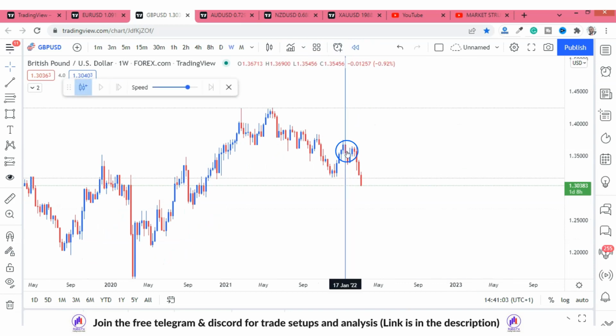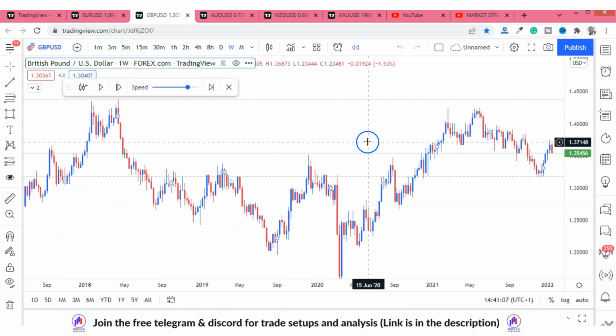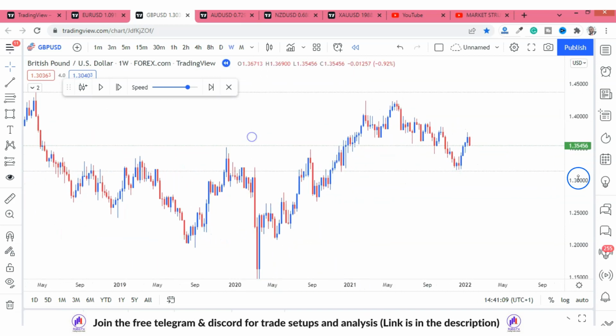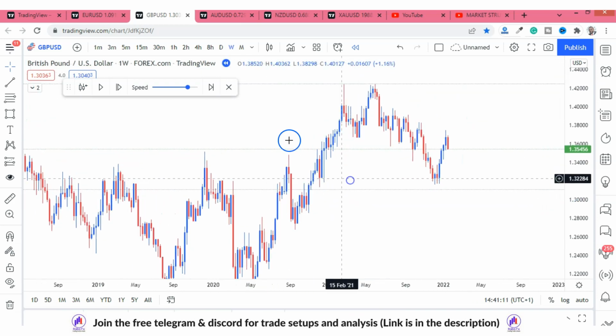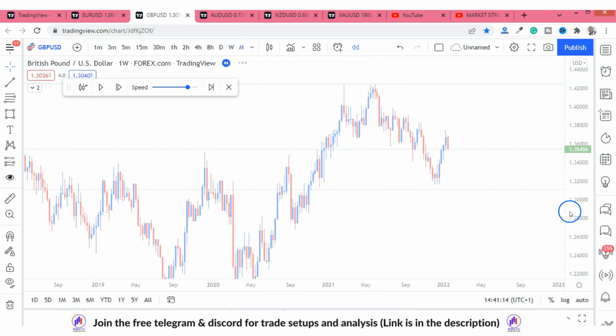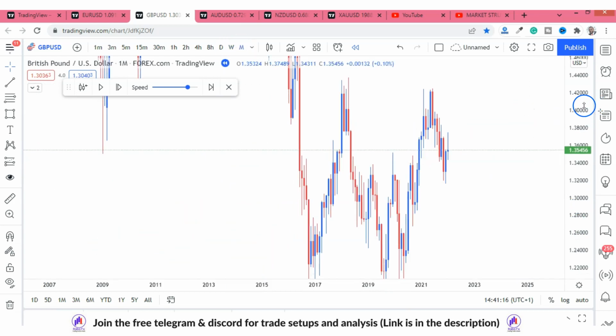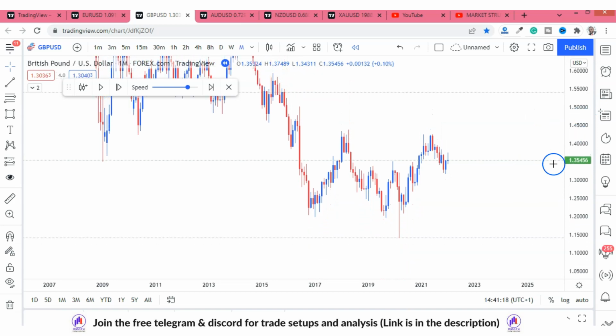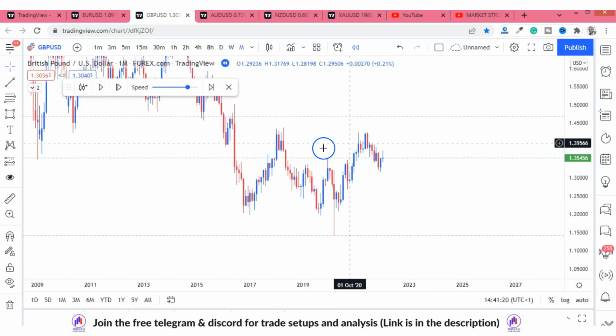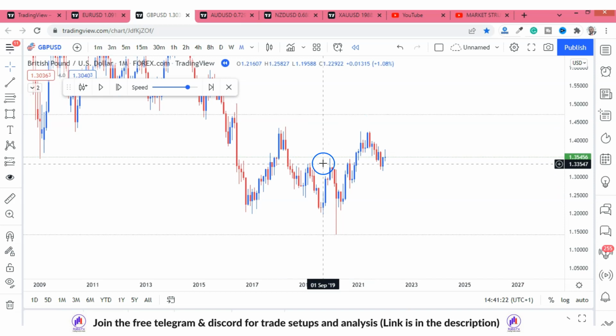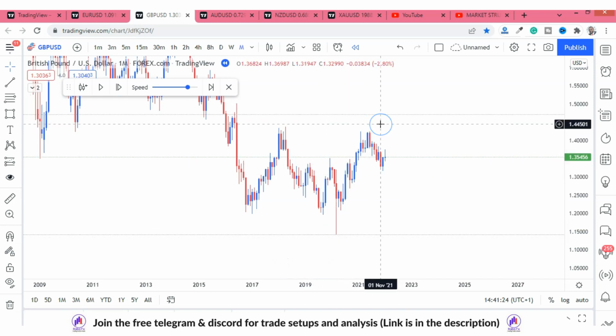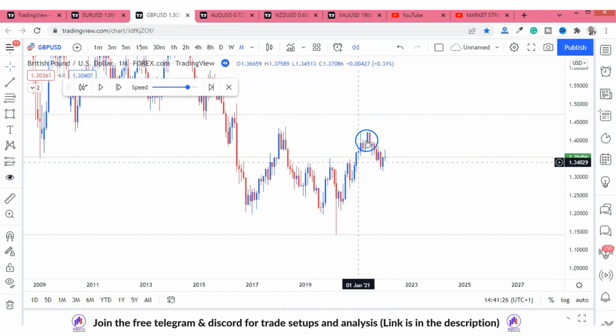Now let's assume price was here. If you go to the monthly, let's see what the monthly is saying. From the monthly, you can see there's a break of structure here, and we're expecting price to trade lower.